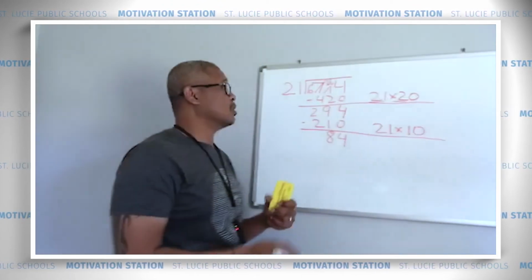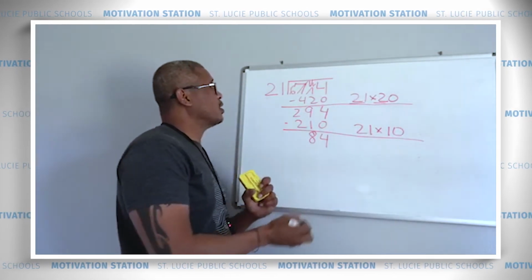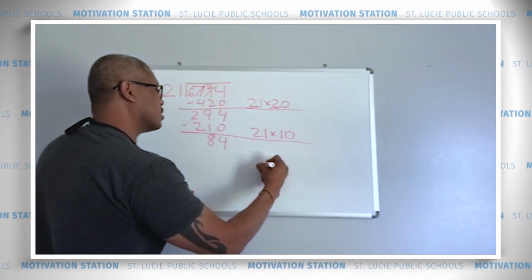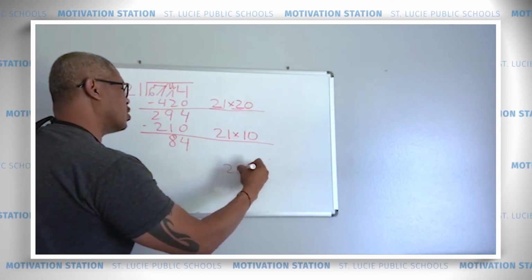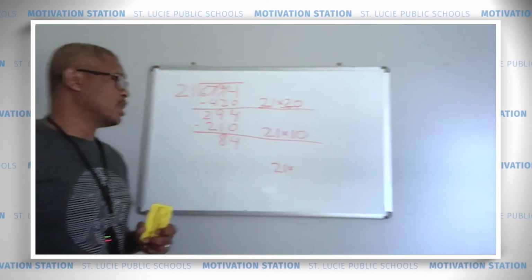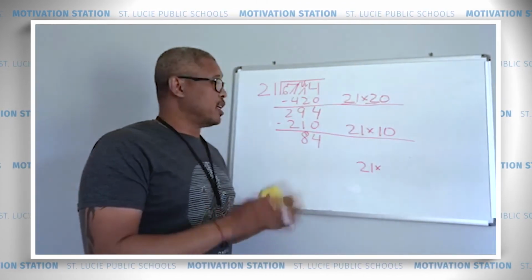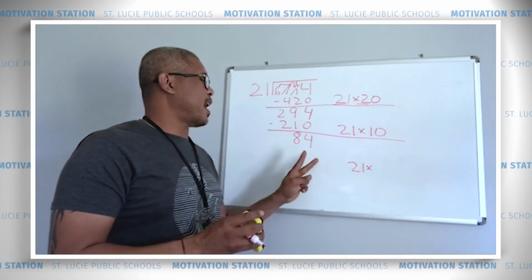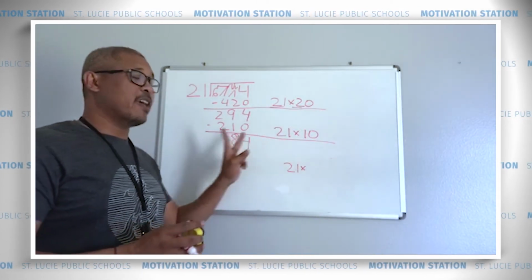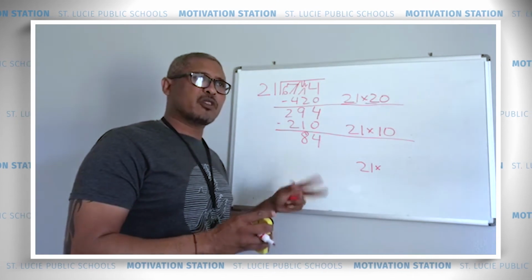84. All right, so now 21 times what can get me 84 without going over? Now, here's where I want to show you, I know that I can multiply 21 times 4, which is going to get me 84, but here's the thing.